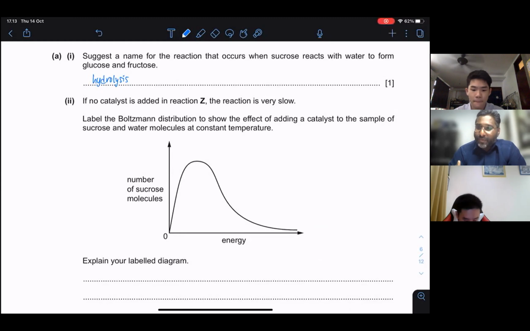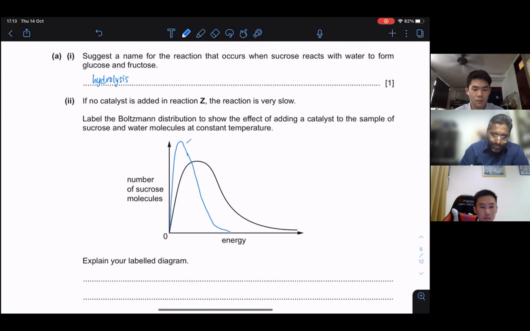So for the Maxwell-Boltzmann curve, for example, lower temperature will be slightly, if I draw, maybe like this. As the temperature increases, the graph will be moving to the right, and the peak will become slightly shorter.